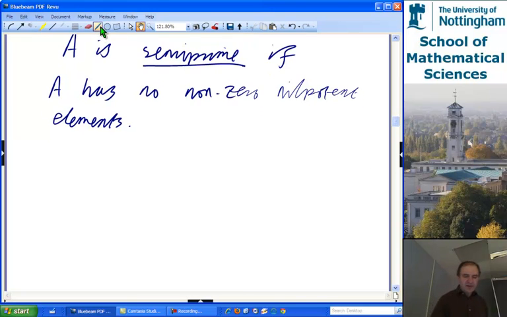And so what examples are there? Obviously, semisimple implies semiprime, but not conversely.